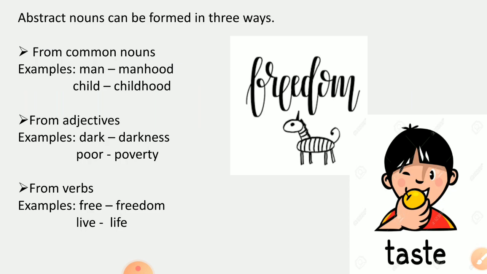Now, abstract nouns can be formed in three ways: from common nouns, from adjectives, from verbs. See, man, manhood. Child is a common noun, but we talk about childhood, it has become an abstract noun. Okay, from adjectives, take example: dark, darkness; poor, poverty.